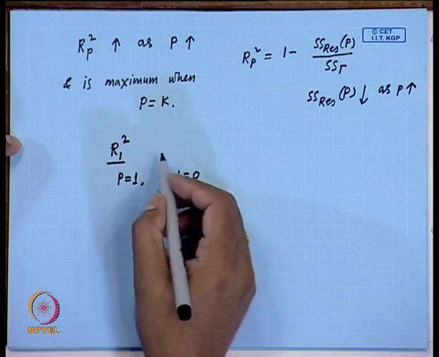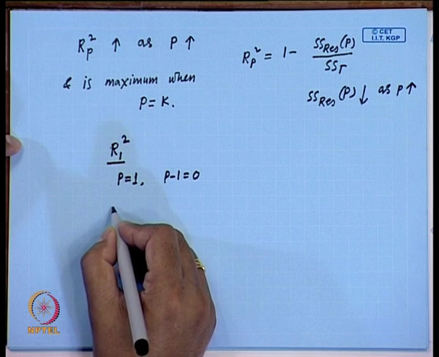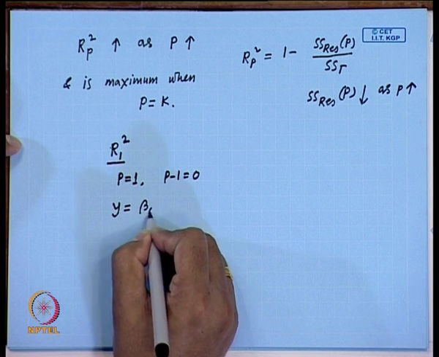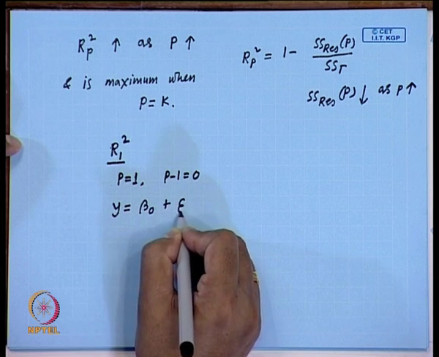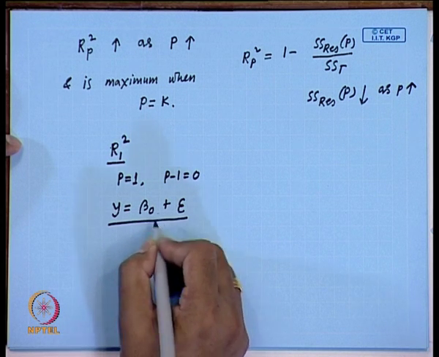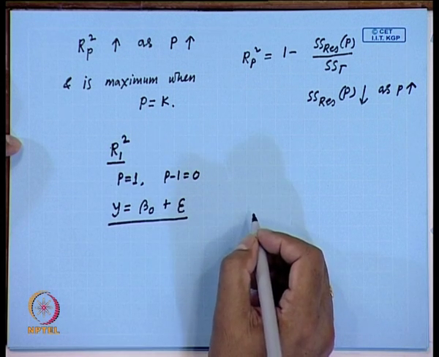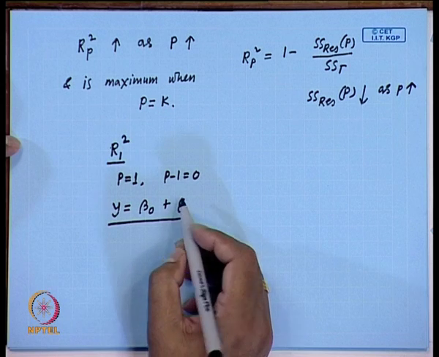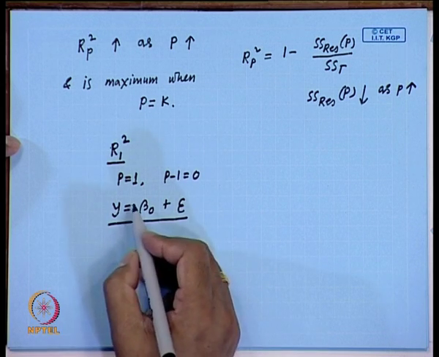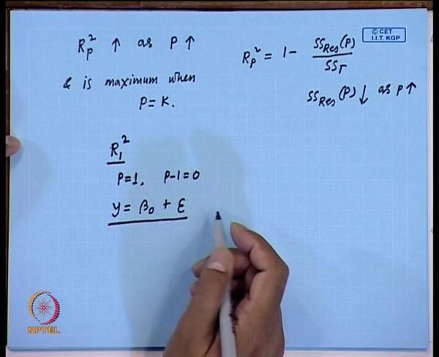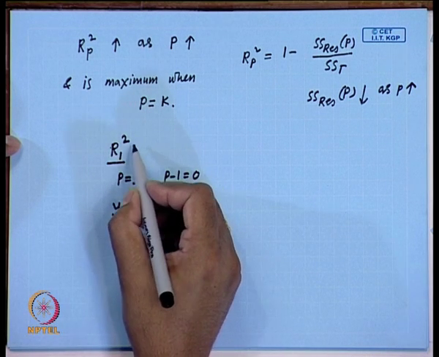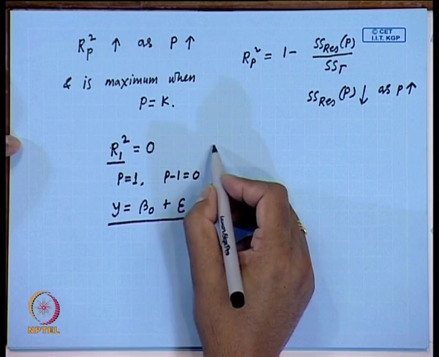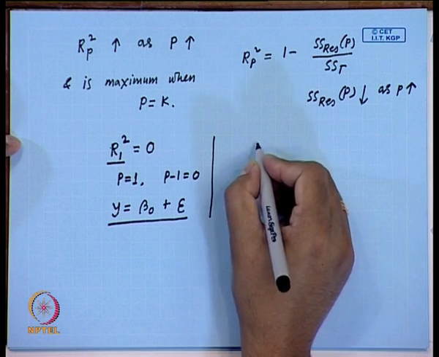The number of regressors in the model is 0, that is the model y equal to beta naught plus epsilon. This is the model involving no regressor variable, and it is not difficult to prove that when you have this model with no regressor variable, the coefficient of multiple determination is going to be equal to 0.